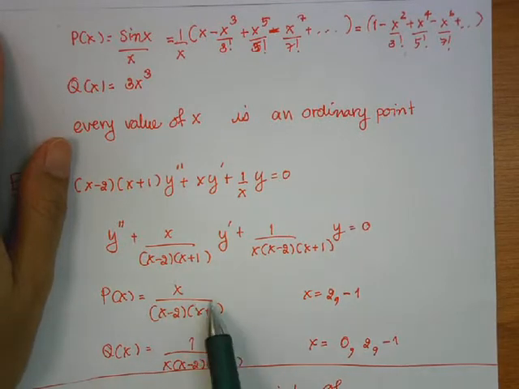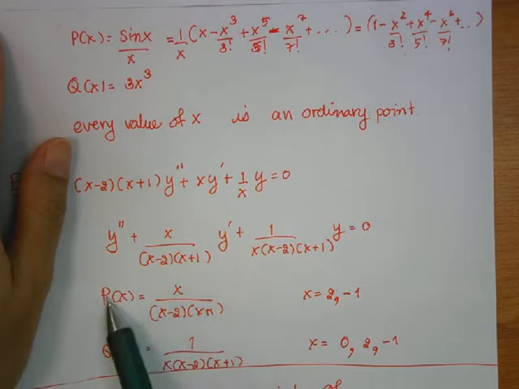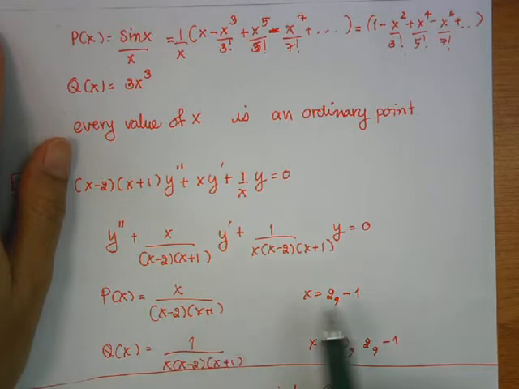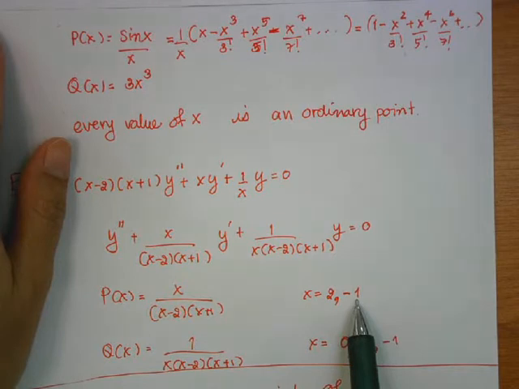If you take a look here, x equal to 2 and x equal to minus 1 make p(x) a non-analytic function. So x equal to 2 and minus 1 are singular points.